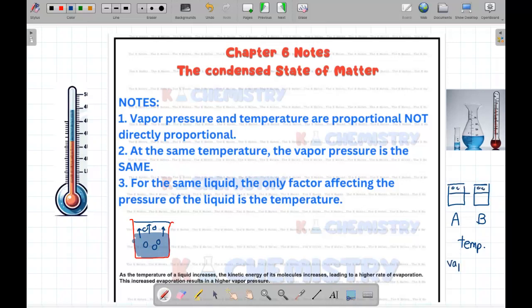So the vapor pressure for both of them will be the same, although they are different liquids, since they are at the same temperature. This means for the same liquid, the only factor that's affecting the pressure of the liquid is the temperature.